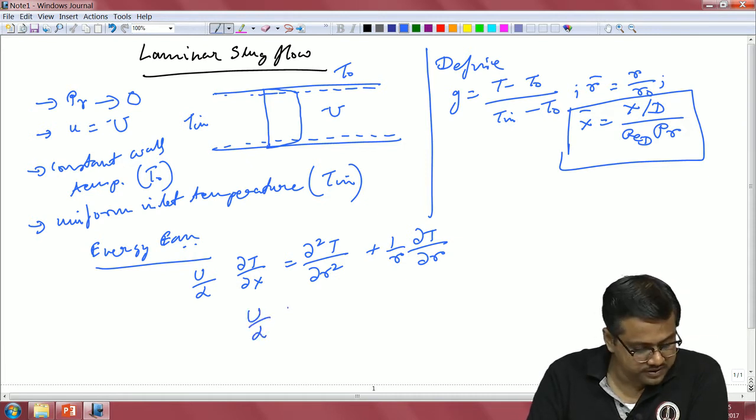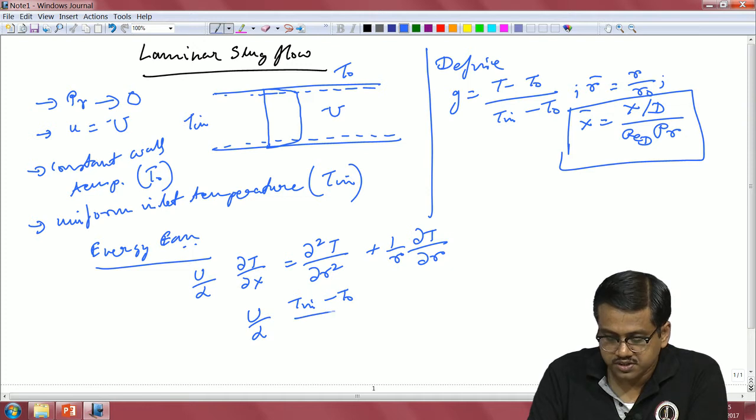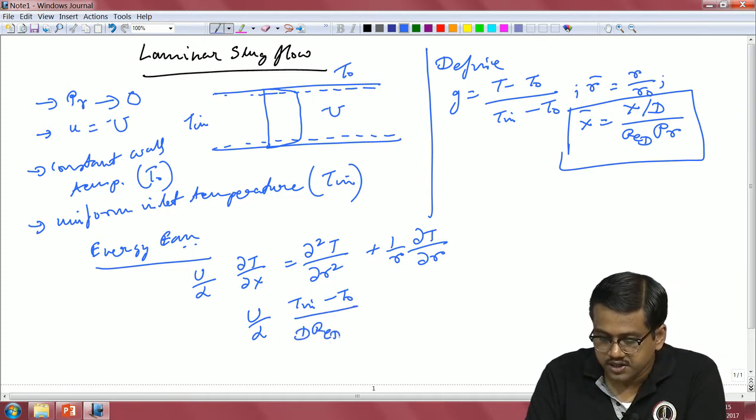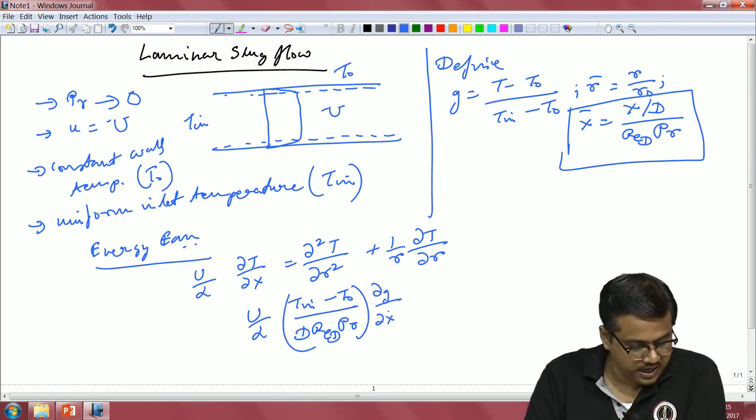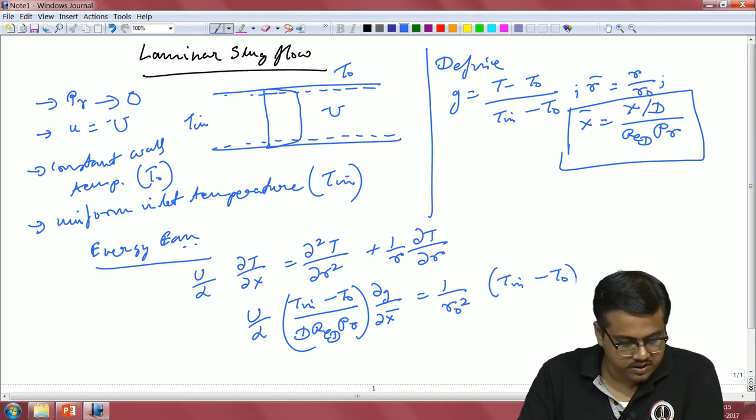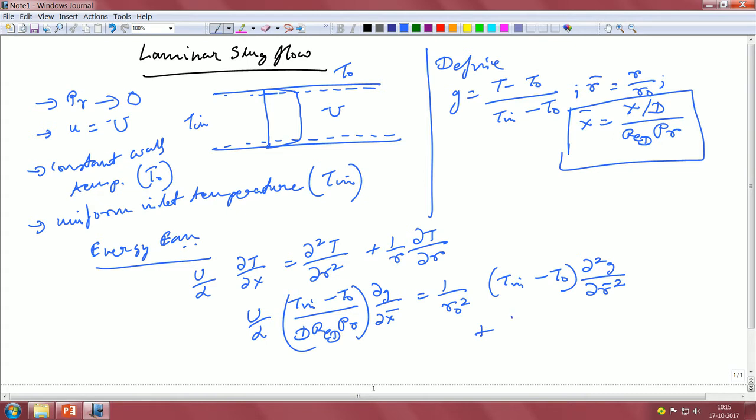So, u by alpha, T in minus T naught divided by D Reynolds number into Prandtl number, dg by dx bar, 1 by R naught square, minus T naught, right, after substitution. So, let us move to the next one.